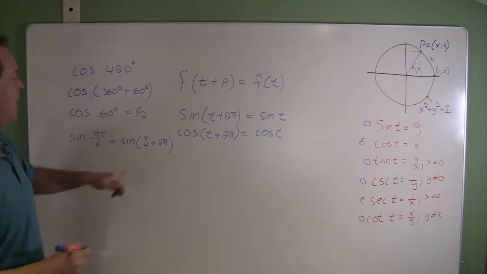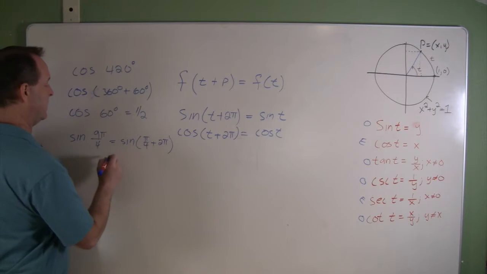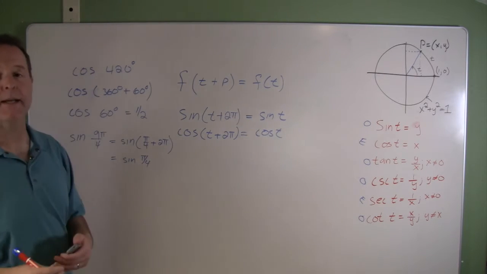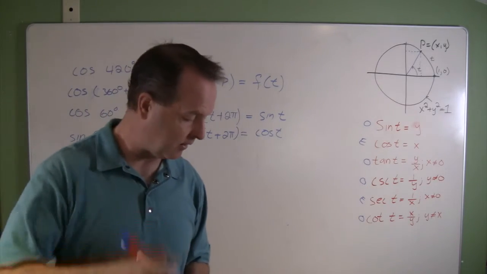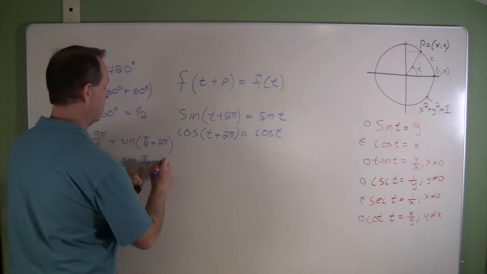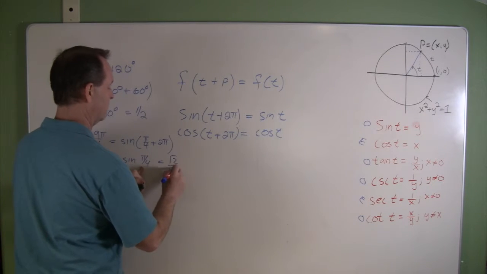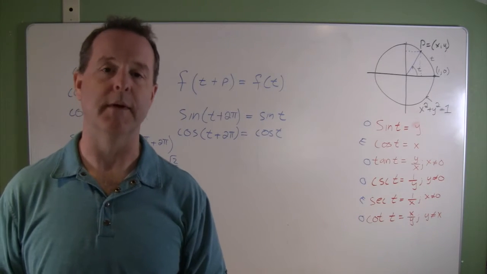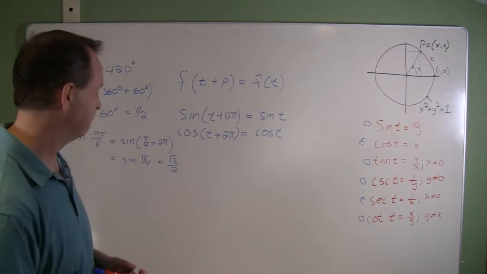And the sine of pi over 4 plus 2 pi is the same thing as the sine of pi over 4, because it's on its periodic rotation, its periodic function, and the sine of pi over 4 equals root 2 over 2. Again, one of the common values of sines or cosines that we see.